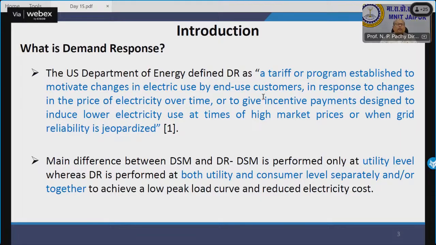What I wanted to highlight here, when you talk about demand side management program, it is the utility who takes a lot of interest in shifting the load. Maybe they manage it in some way.